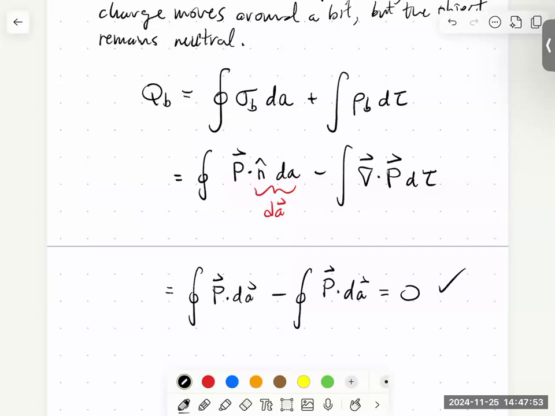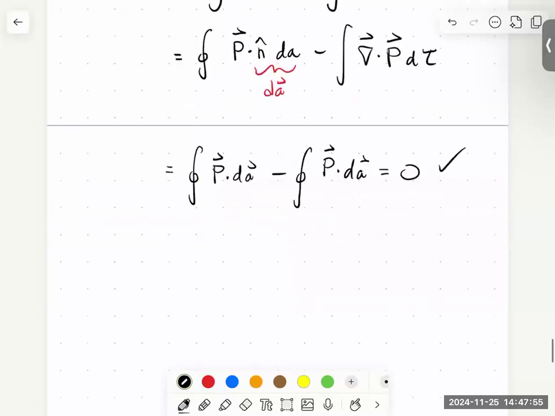Perfect. So this next section, I think, is sort of the heart of this chapter, and it's the electric displacement.